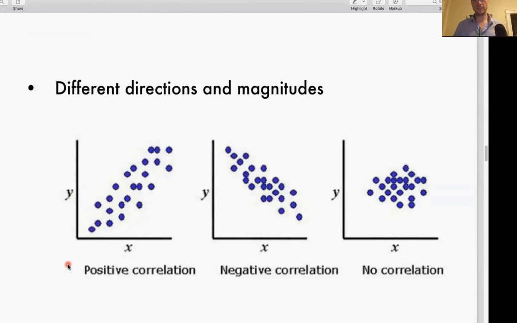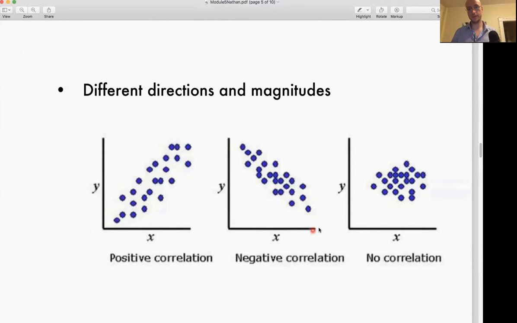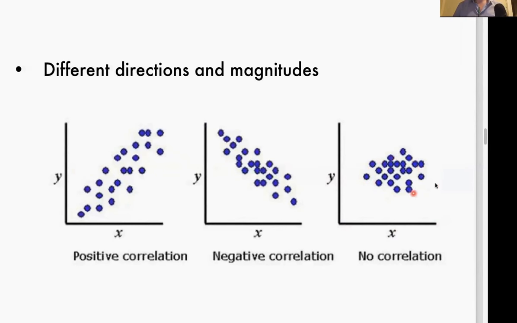So positive correlation means if you're moving from left to right, you're going up. Positive means you're going up the slope. Negative, left to right, you're going down the slope. No correlation, it looks like a cloud of data points, a cloud of mosquitoes. It's flat. Negative is downward slope. Positive is going up. And you're reading it from left to right, interpreting two quantitative variables, x and y axis.